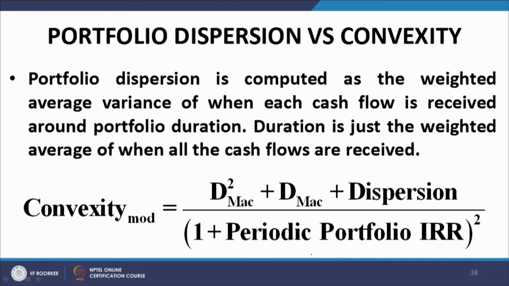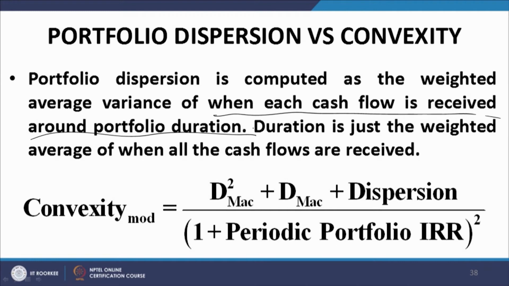Just like duration is a measure of time, and convexity is a measure of time squared, dispersion is also a measure of time. What is that measure? When each cash flow is received around portfolio duration. Duration is just the weighted average of when all cash flows are received.